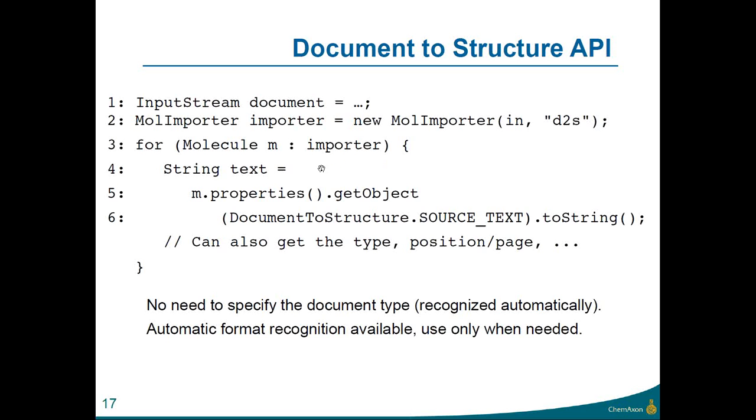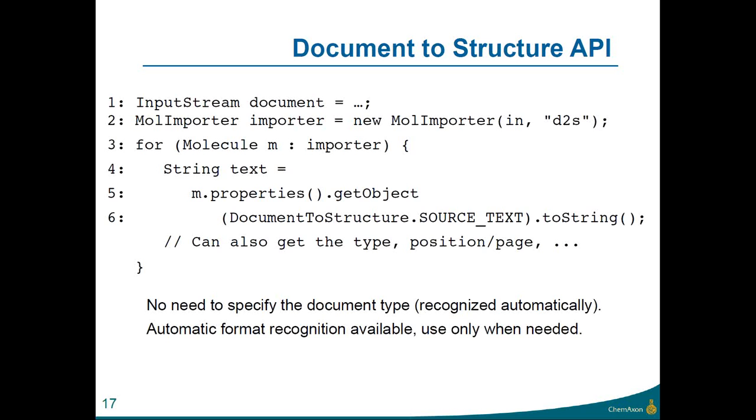Here what I'm showing is how to access the properties. So given your structure M, you can access the properties, and then you get the object which is stored in the properties, and there's a list of constants you can find in this chemaxon.naming.document structure class.